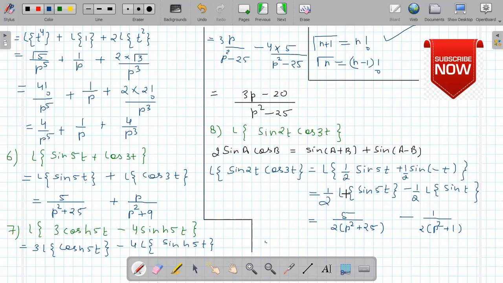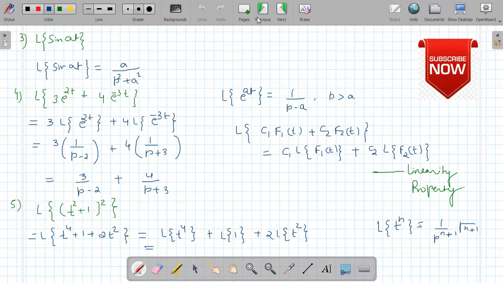You can take the constant term outside by the linearity property of Laplace transform. Laplace transform of c1 f1t plus c2 f2t means if a constant is multiplied by some function, you can take that constant outside and then apply the Laplace transform over the rest of the function.